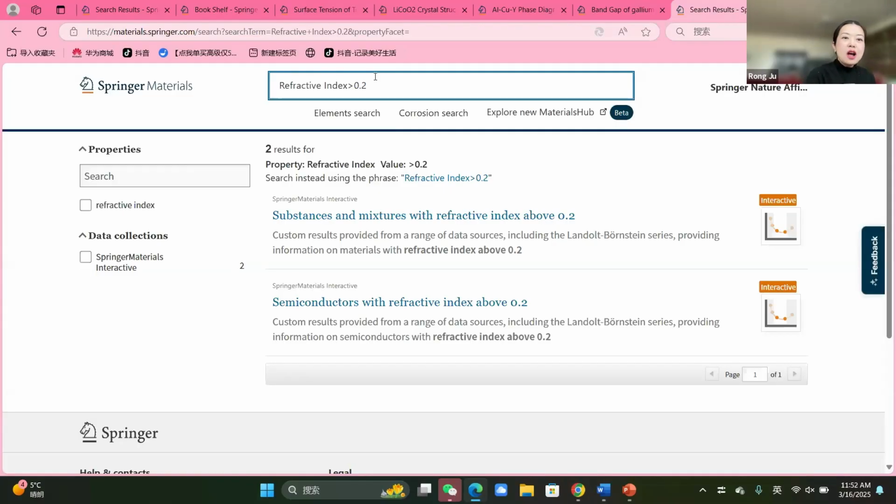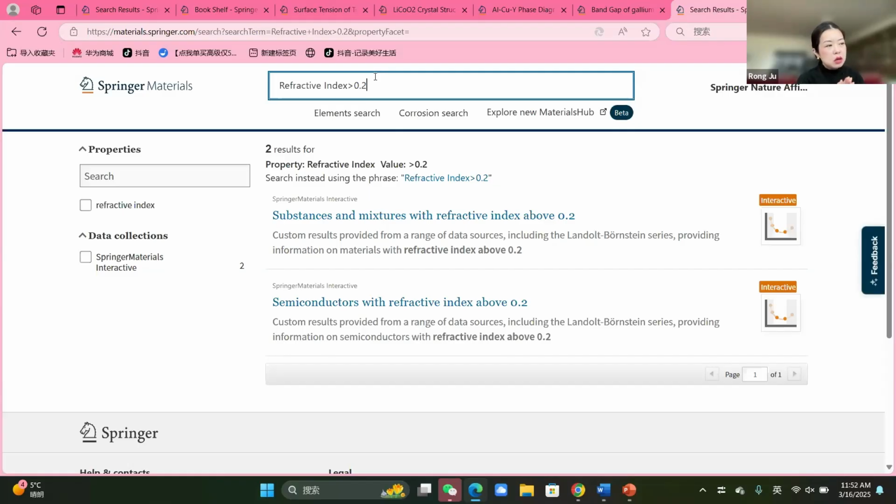How do I know how many materials or substances in the world meet such a requirement? Think about it, it's even more difficult than finding the property for a certain material, right? Because imagine there's probably no place that provides you with a single list, right?